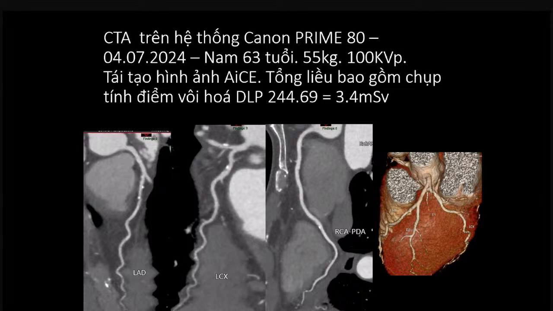We scanned at 100 kV, and we use AICE for image reconstruction, and you can see the total radiation dose, which included the calcium score, is 3.4 millisievert, which I think is pretty good. And you can see the image quality is also pretty good.